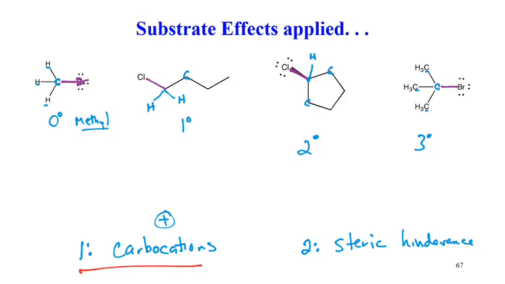When I compare zeroary, primary, secondary, tertiary, the tertiary has more electrons around it because we're looking at carbons versus hydrogens. So what does that mean for us? If we're going to run a one-type mechanism, we would predict it to occur in the tertiary and the secondary. Zeroary and primary are so unstable we don't expect the one-type mechanism.